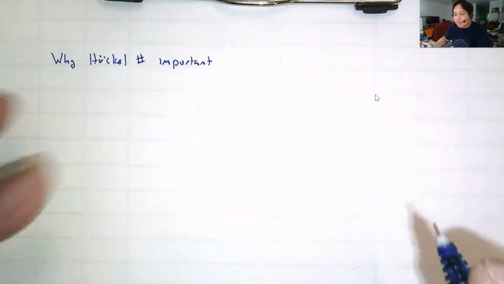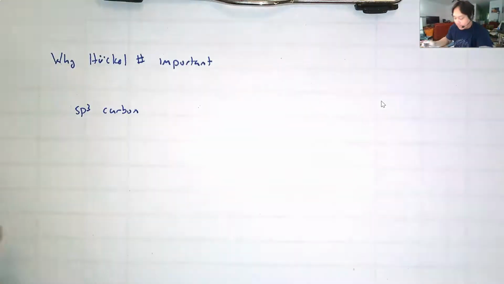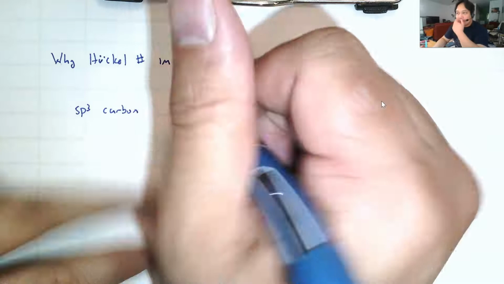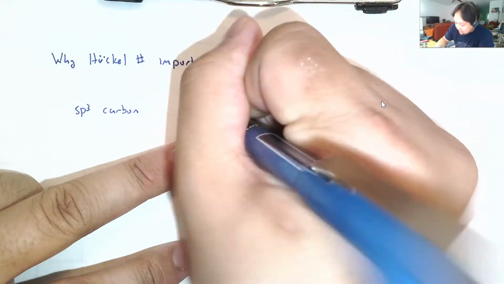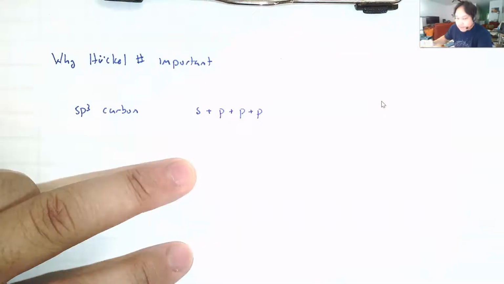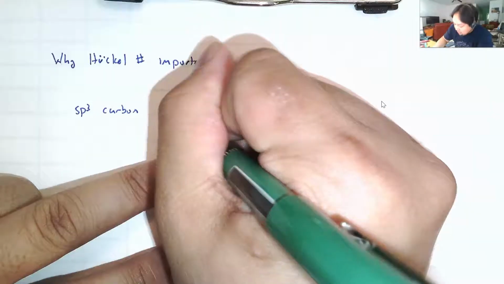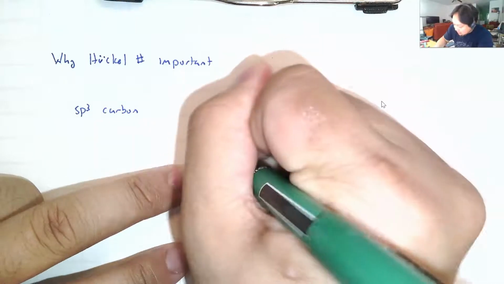You recall that when we did hybridization, when we have an sp3 carbon, mathematically, what did you do? You took these wave functions that describe the 4 atomic orbitals, s plus p plus p plus p.